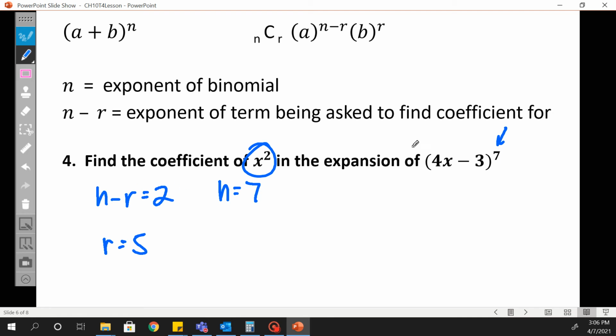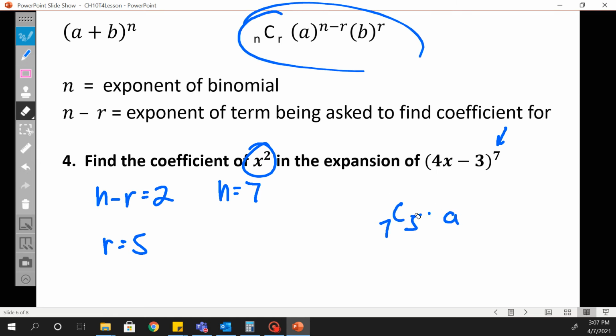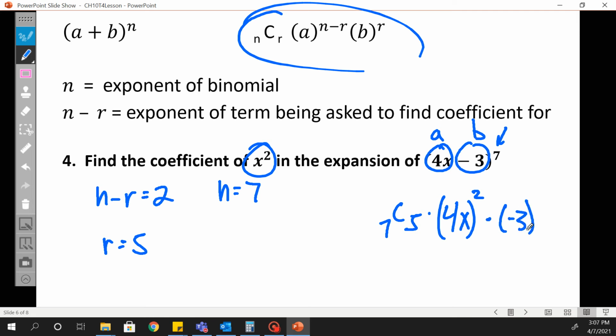Okay, so I can find the actual term by using this formula. So 7 choose 5 times a, which is 4x. This is a, negative 3, this is b. So 4x raised to the n minus r, which is the second power, times negative 3 raised to the r power, which is 5.